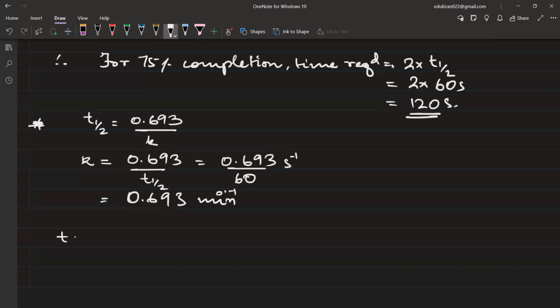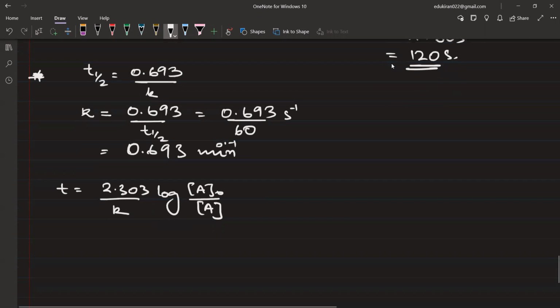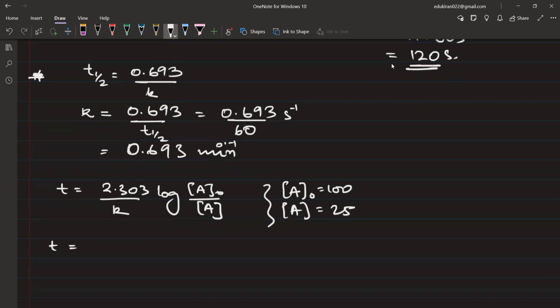And you also know that t is equal to 2.303 divided by k log of a naught by a. So for 75% completion, a naught is equal to 100, a is equal to 25, so t will be equal to 2.303 divided by 0.693 log of 100 upon 25, so this is 4.